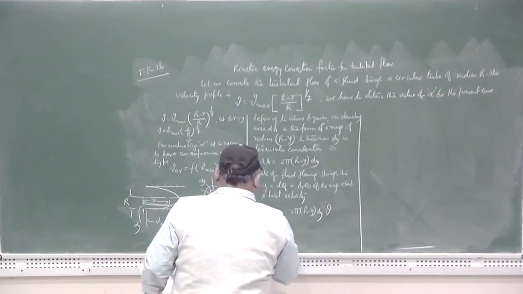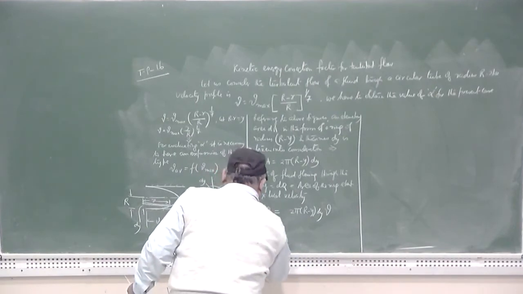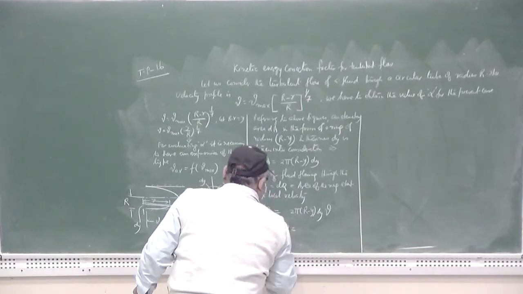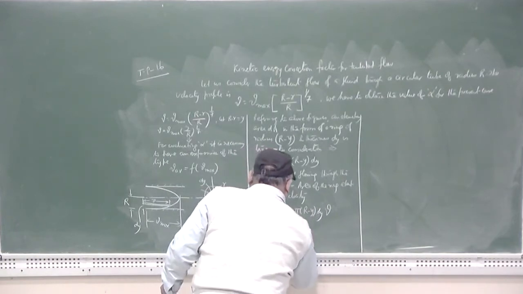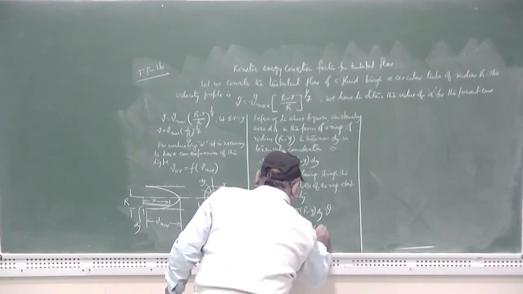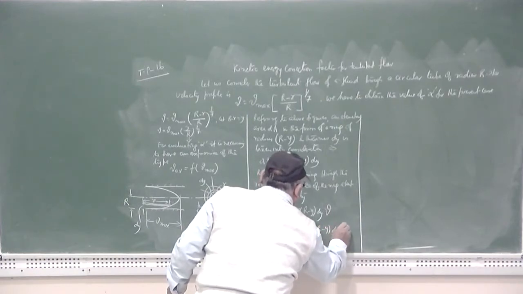So, integration of dq between the limits 0 to Q gives Q, equal to the integration from 0 to R of 2 pi (R minus y) dy into v.